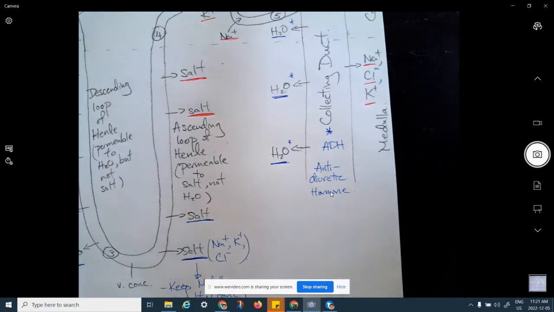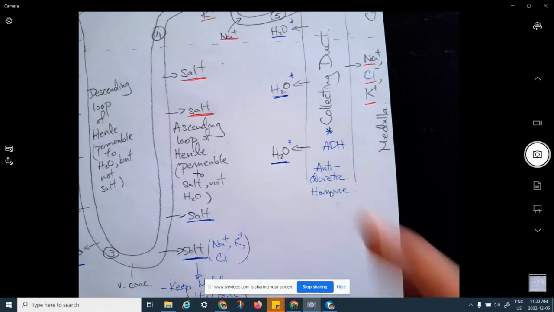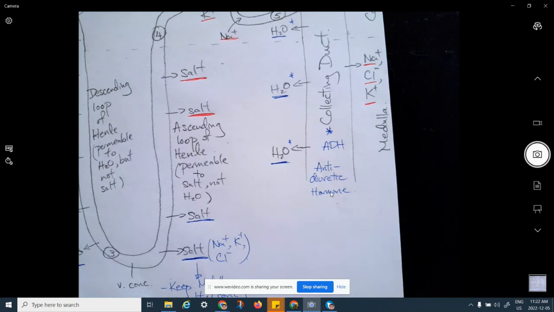But when the antidiuretic hormone is not there, you would get rid of the excess water more. Okay, so this is where the osmotic regulation comes in. You don't want to have too much water. Antidiuretic hormone, which is produced by the pituitary gland, will regulate that.